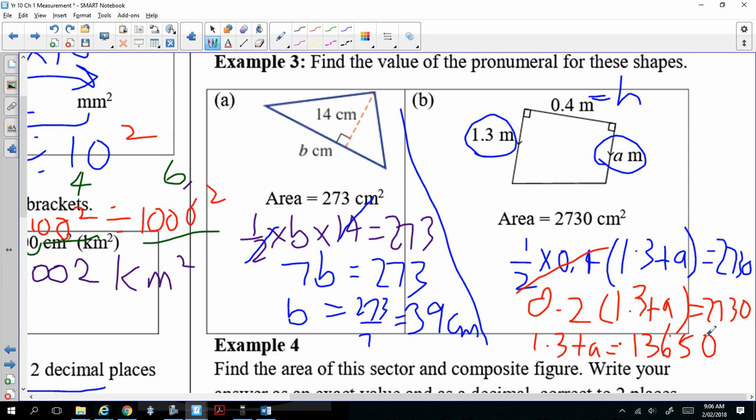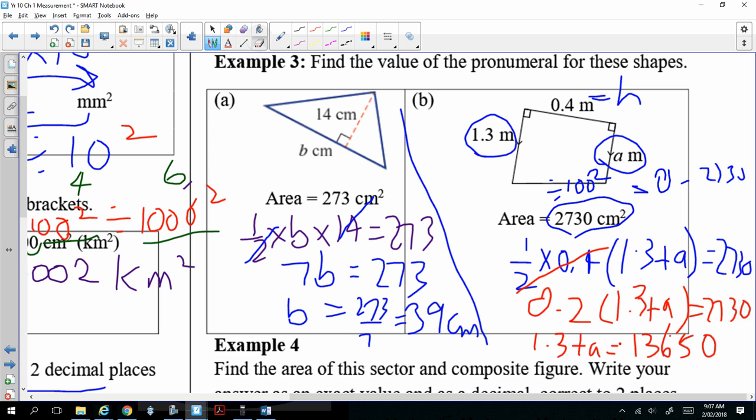Yeah, that's in square centimeters, isn't it? So I have to change that to square meters. How do I change that to square meters? That will be 0.273. Okay, so that's how come the numbers are so big on the other side. Must be a problem.